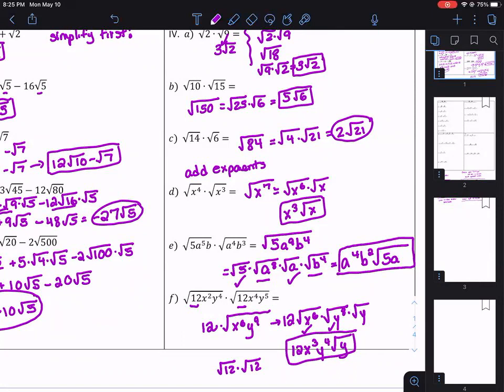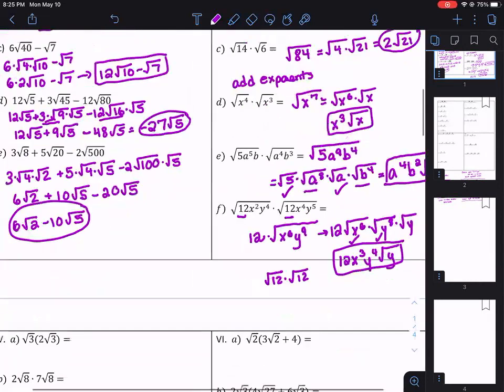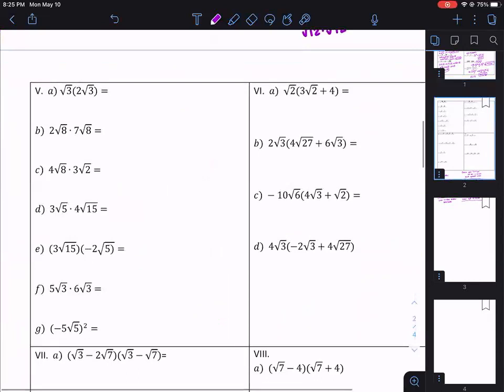Okay, any questions on part 4 before we go to 5, 6, 7, 8? Okay, so I'll give it another few moments. Okay, so in our next part, we're now going to still have monomials, but they're going to have coefficients. So we need to ensure that we multiply the coefficients correctly.